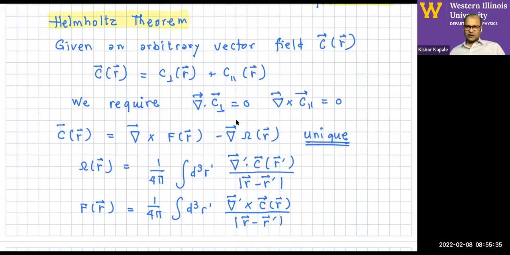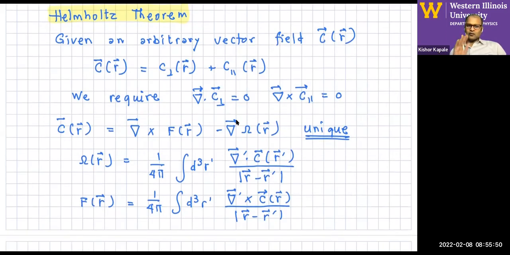That's the question we are trying to answer in electricity and magnetism. And of course, there are sources for both the electric and magnetic field. There is a reason why these fields get created. So without worrying about the sources for now, what's the mathematical minimum that you need to be able to determine a vector field? That's the question.